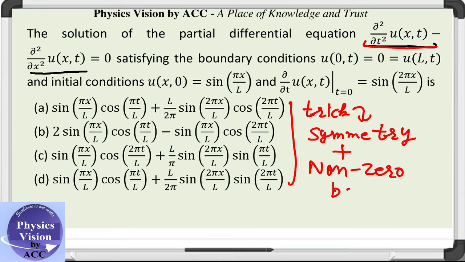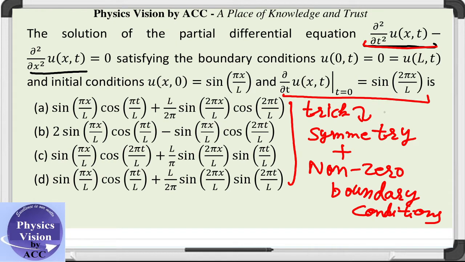We will check which option satisfies the boundary conditions. Particularly, we are interested in those boundary conditions which are non-zero, meaning which give values not equal to 0, like this or this. This is the way we'll do this question.